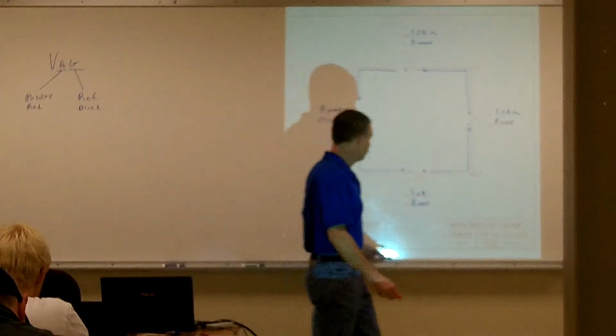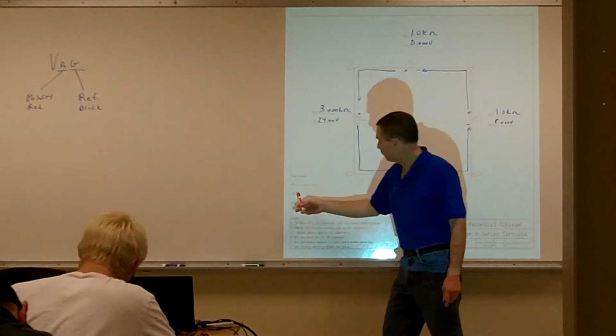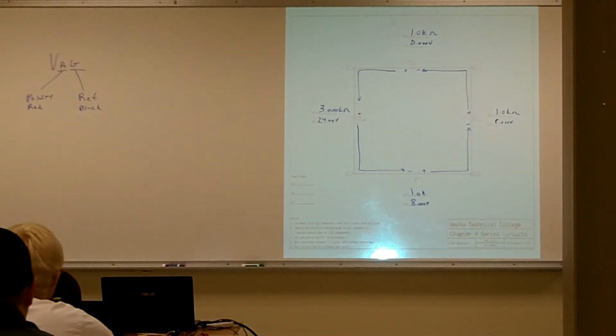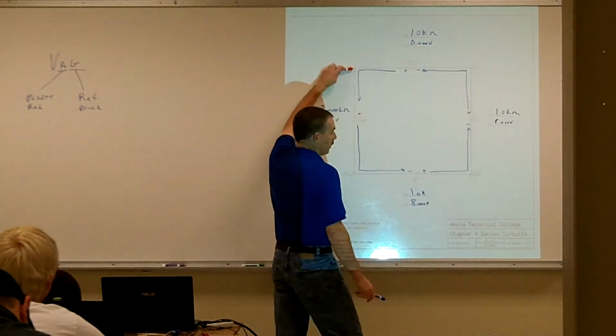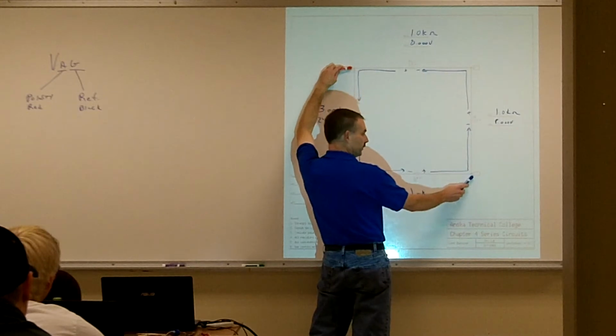We'll assume my blue pin is my black lead. So they want to know what the test point voltage of DAG is. Where does my red lead go? A. I put my red lead there, and my black lead goes where? G, which is the same as my reference point. It's ground.